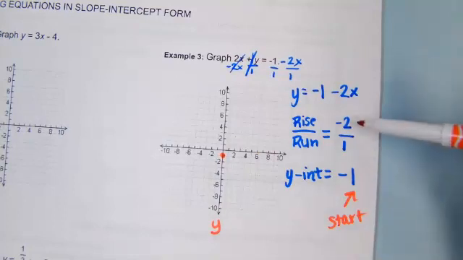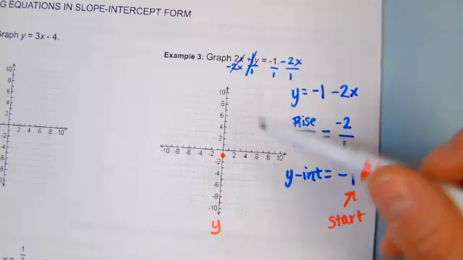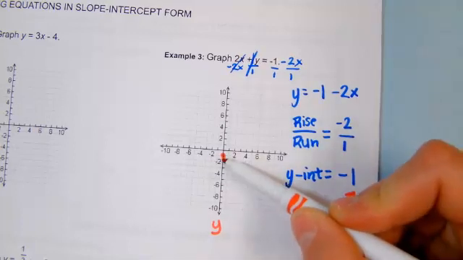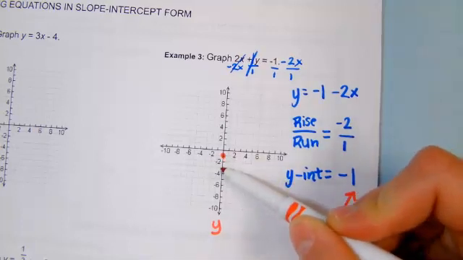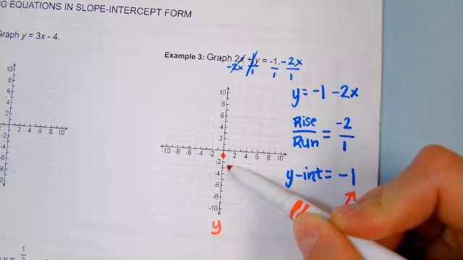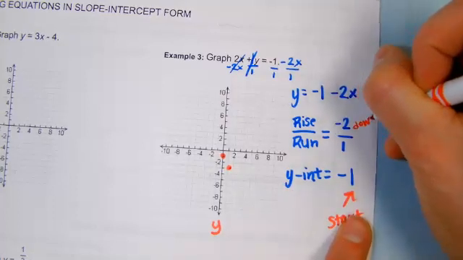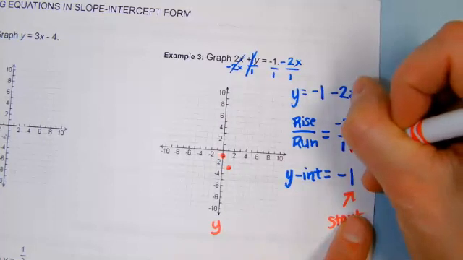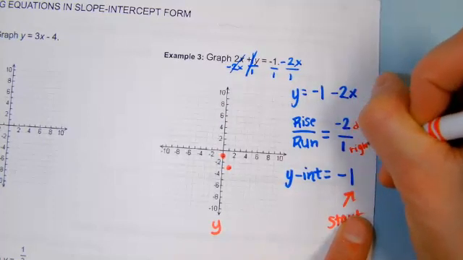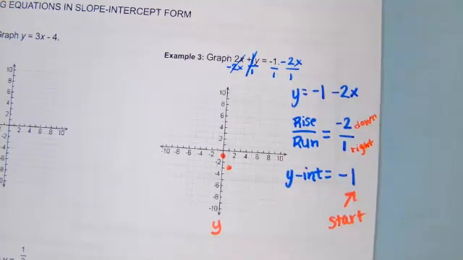Now I'm going to use the rise and the run. So -2 means up 2 or down 2? Down 2. So from this red dot, I'm going to go down 1, 2, and I'm going to go right 1, because -2 means down 2, and +1 on the bottom means right 1. And then you've got 2 dots. That's really all you need to make a graph.